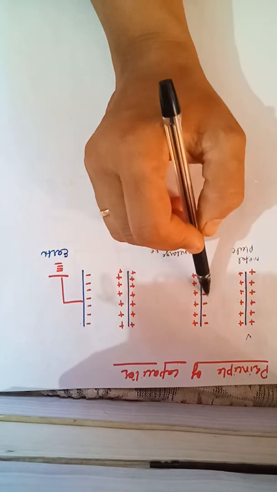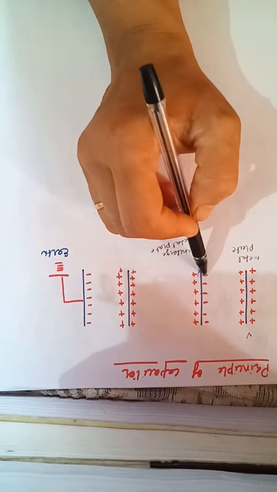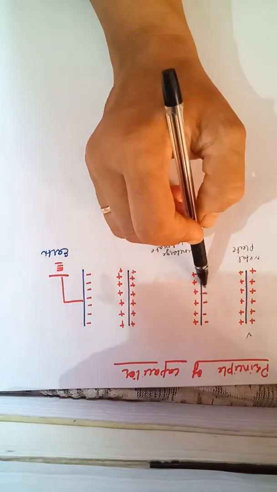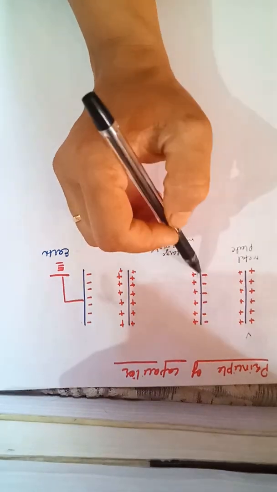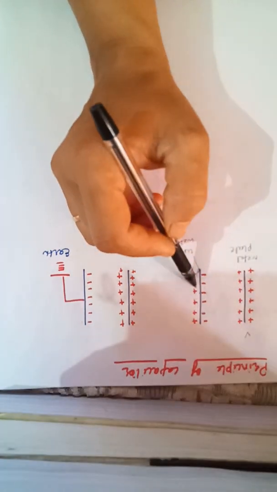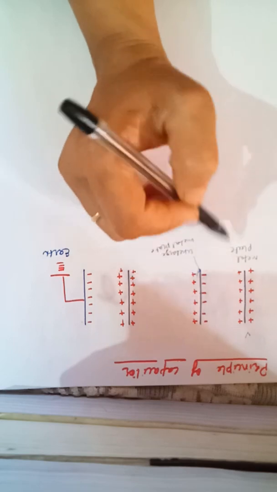So this surface of the metal plate acquires negative charge in the same amount, and similarly the outer surface of this metal plate acquires the positive charge. This is the phenomenon of electrostatic induction.